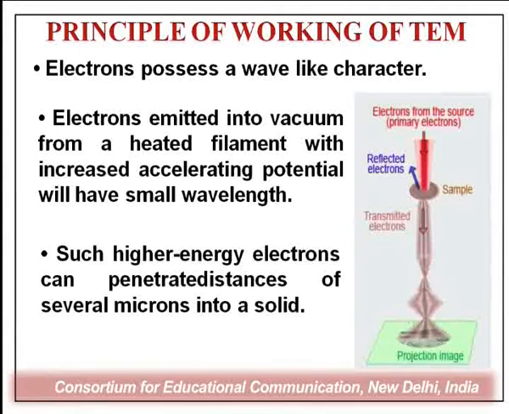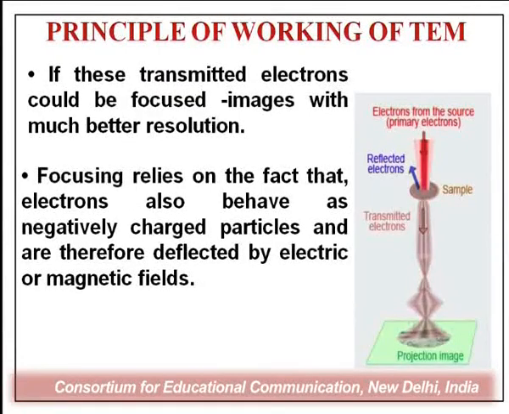Here a fast generated electron beam passes through the sample, and these transmitted electrons generate the image on the projector. Next, if these transmitted electrons can be focused, then an image with better resolution is formed. We can find images of better resolution or magnification when the electron beam is focused on a specimen.